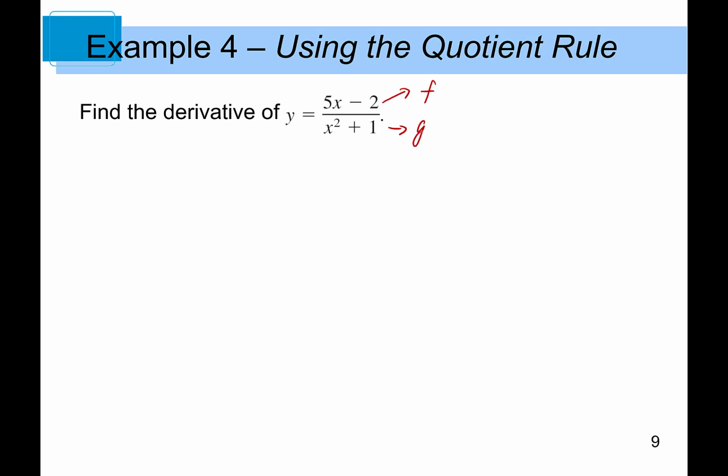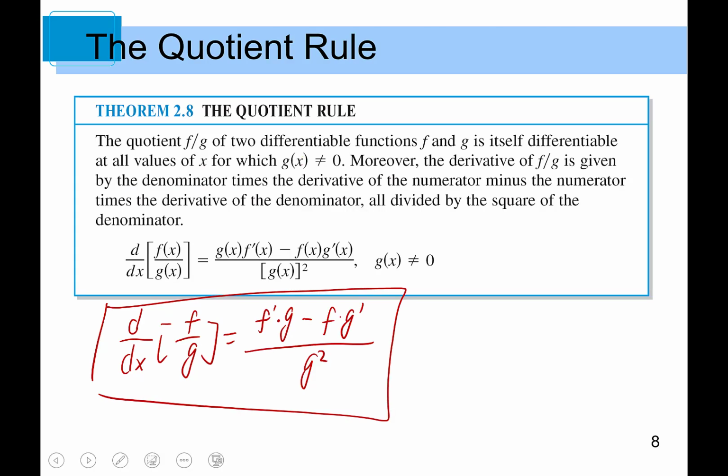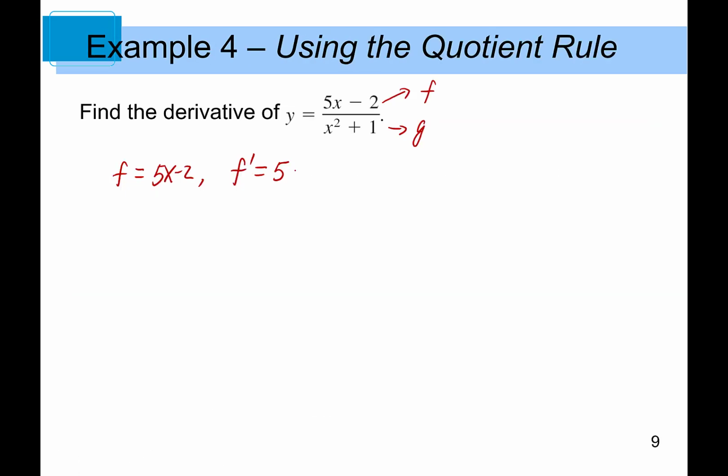Once you figure out what f, g, f prime, and g prime are, you're ready to go. So with 5x minus 2, f prime, the derivative of f: the derivative of 5x becomes 5, and the derivative of negative 2 becomes 0. So it's 5.